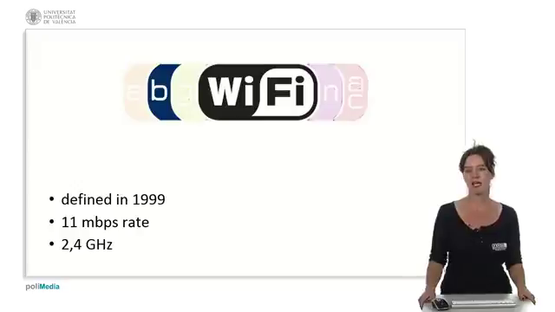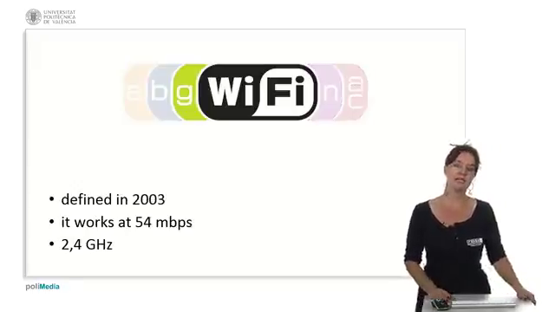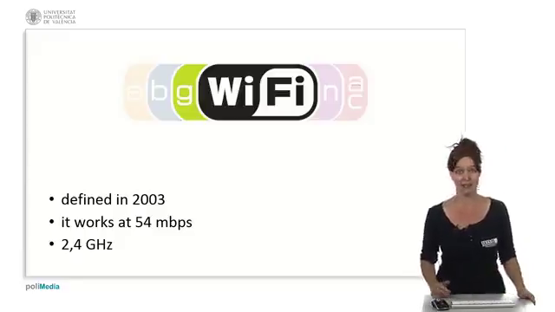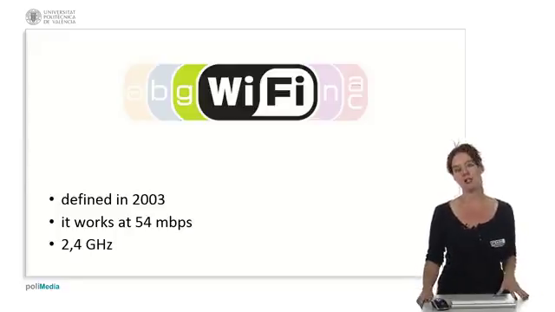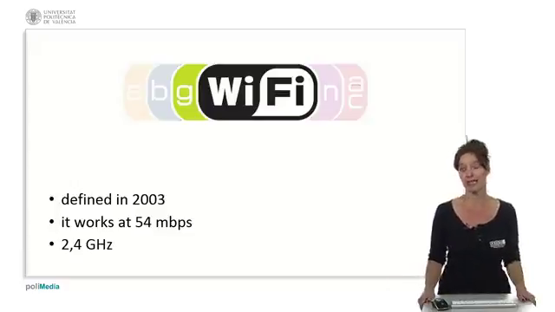So this band has been used intensively around the world and actually suffers from saturation nowadays. Then there is 802.11g. This is an update of 802.11b using the same band. And it's backward compatible with 802.11b, and it's incompatible with 802.11a.